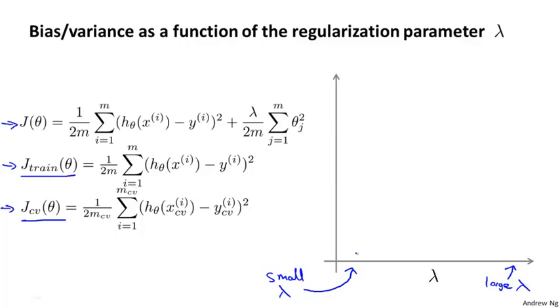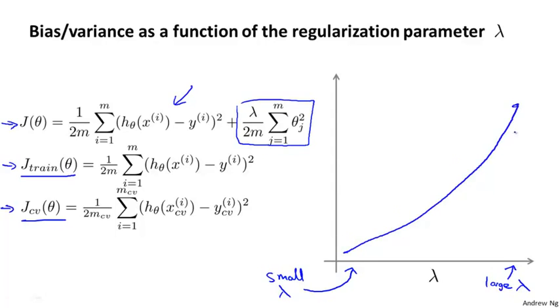So if you plot J train and J CV, what you find is that for small values of lambda, you can fit the training set relatively well because you're not regularizing. So for small values of lambda, the regularization term basically goes away, and you're just minimizing pretty much the squared error. So when lambda is small, you end up with a small value for J train. Whereas if lambda is large, then you have a high bias problem, and you might not fit your training set well, so you end up with a value up there.